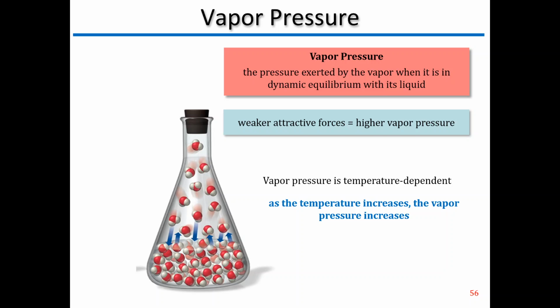So weaker forces give you higher vapor pressure, and higher temperatures give you higher vapor pressure. One is due to kinetics, and the other is due to the attractive forces themselves. If I put more energy in, more of them can escape, and if there's less for them to fight, more of them can escape. Both lead to higher vapor pressure.